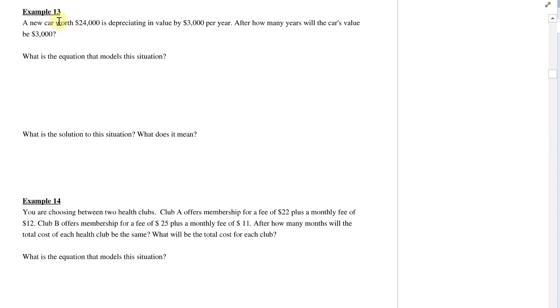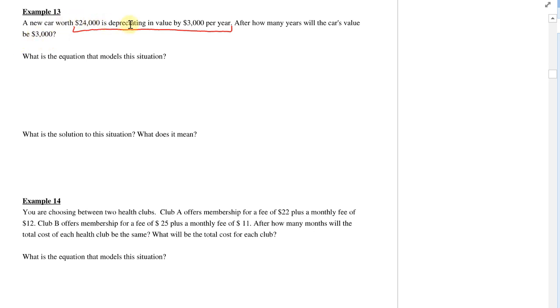If I rephrase this problem, it says a new car worth $24,000 is depreciating in value by $3,000 per year. This piece is giving us a huge clue. We have a starting point of $24,000, and then it's depreciating.